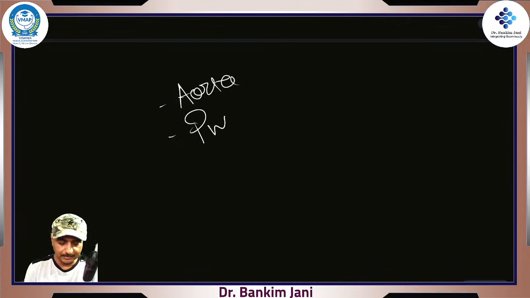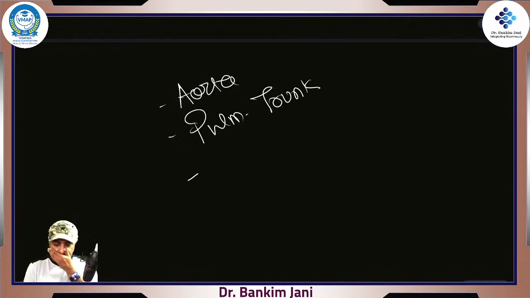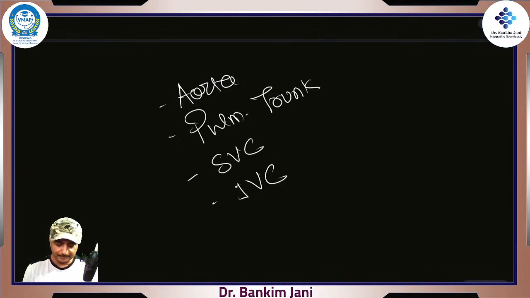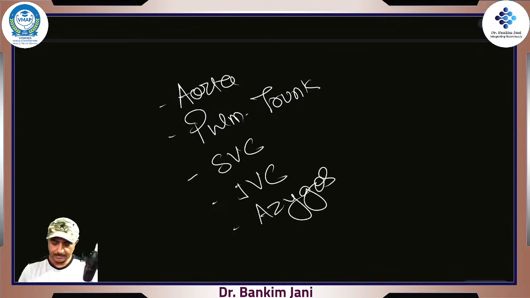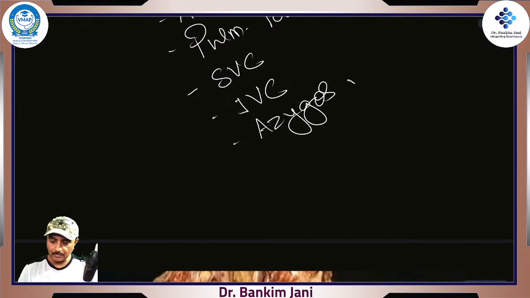pulmonary trunk, superior vena cava, inferior vena cava, azygos veins, obviously hemiazygos, accessory azygos, right? That's what I'm not writing, but we'll see that.